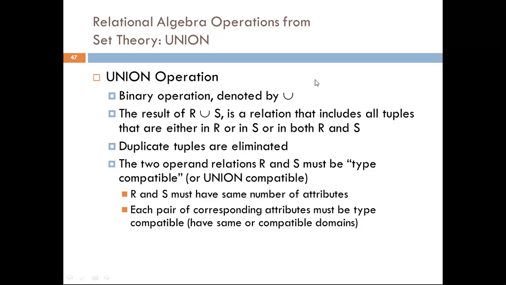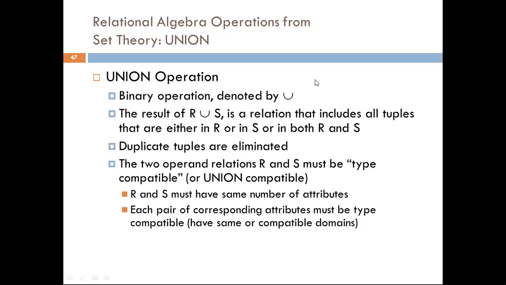The union operator is a binary operator, which means we need two tables on which this particular operation is applied. I will be calling a relation a table from now onwards.